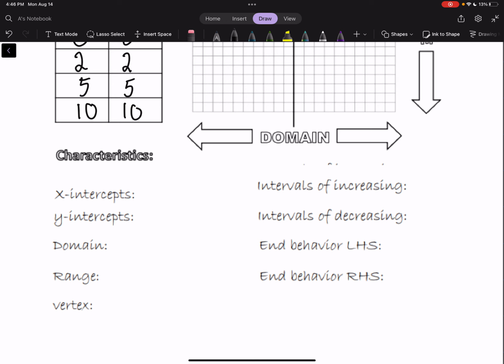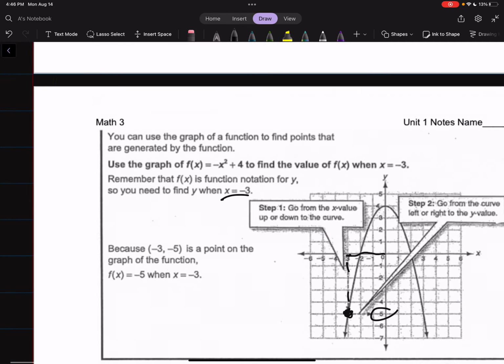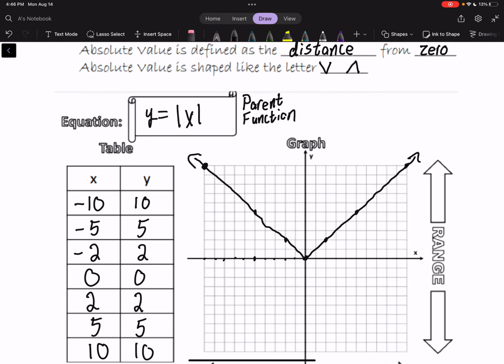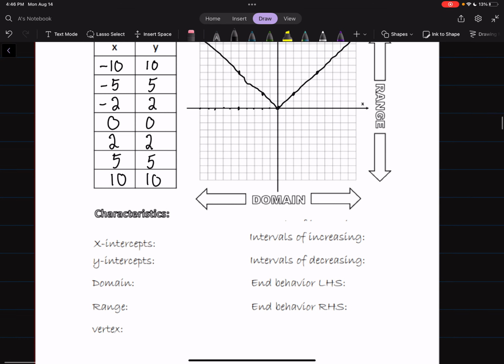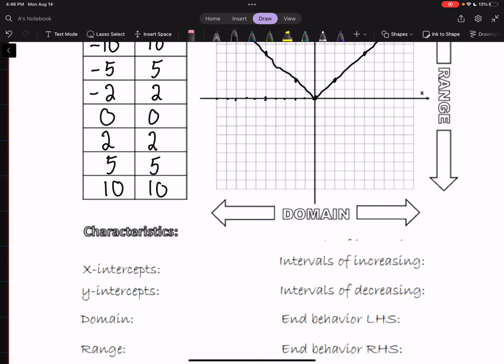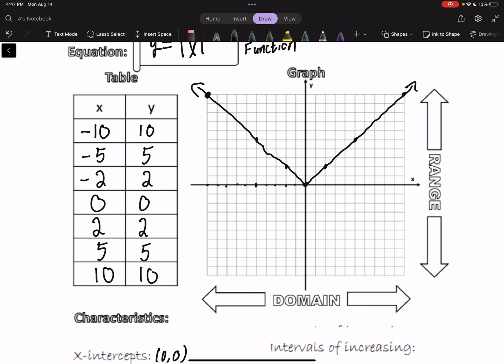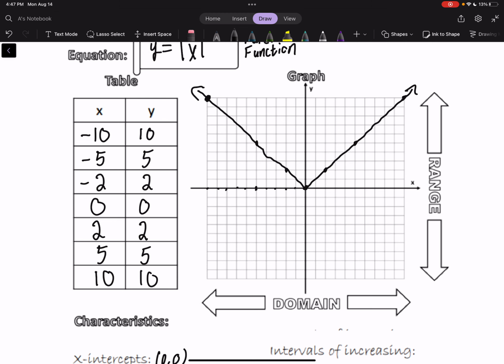Let's talk about the characteristics. Our x and y intercepts occur at the origin in this case. So it occurs at 0, 0 and 0, 0. The domain, if you look in the left direction, there's an arrowhead.